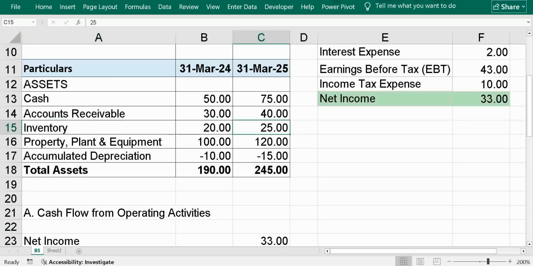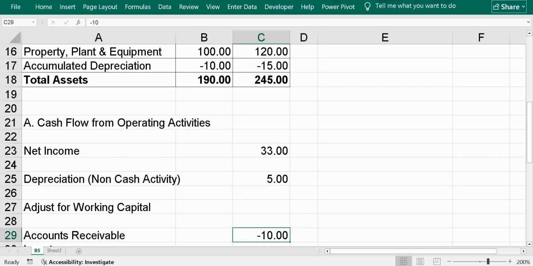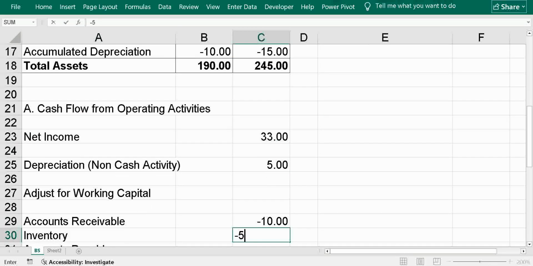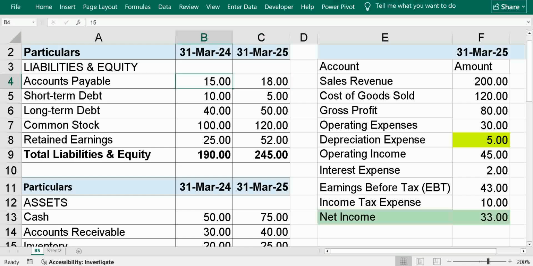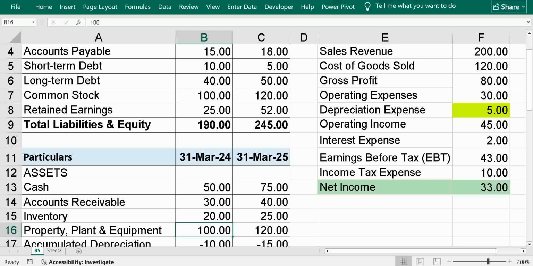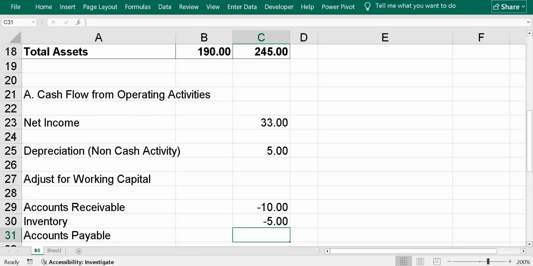Inventory also increases. It means cash is reduced. Accounts payable is increases. It means cash should be increased. 3.